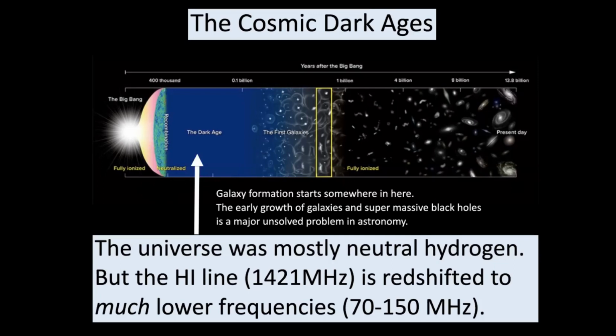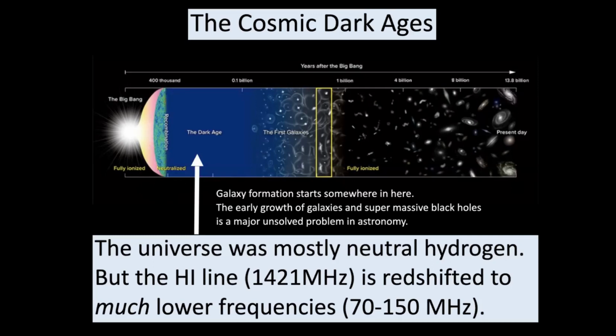And there's a whole industry in looking at the H1 line, studying nearby galaxies and looking at how neutral hydrogen rotates around nearby galaxies. What we want to do here is look at what's going on in that dark age, but because we're now looking at redshifts of 100 or more, that 1421 megahertz has been shifted to much lower frequencies.